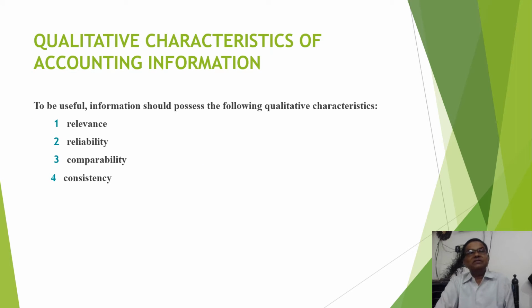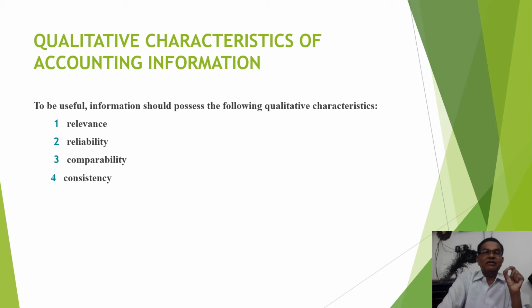My dear friends, now we are going to discuss the qualitative characteristics of accounting information. We must understand that every transaction and every activity of the business is related to each other. That is called relevance, and it should be reliable as well.